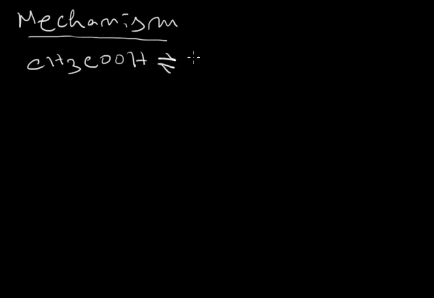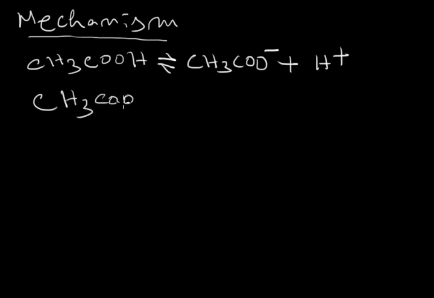Acetic acid dissociates as acetate ion and H plus ion. Its salt, sodium acetate, dissociates as acetate ion and sodium ion.